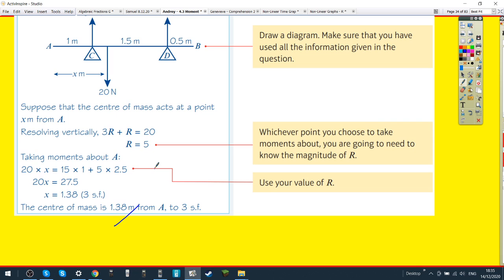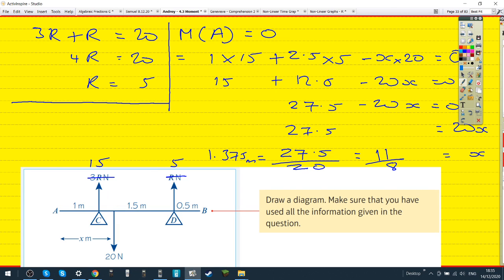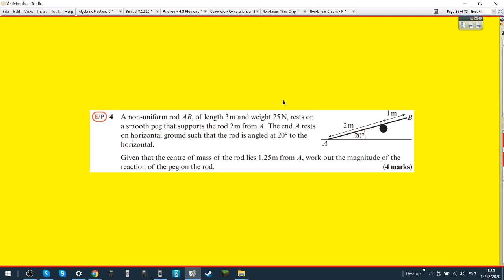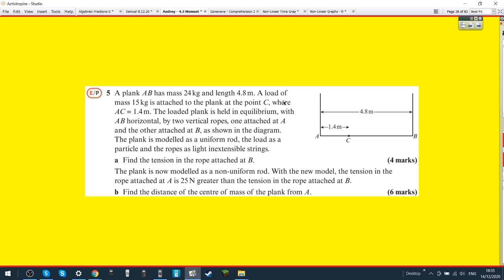There we go. Okay. And so for all of these, if you take moments about any point, it'll be equal to 0 because it's in equilibrium. And so we took moments about A, distance to C times C force, distance to D times D force, distance to 20 times 20 force. And then you go from there. Figure out what's positive, what's negative, all that stuff.